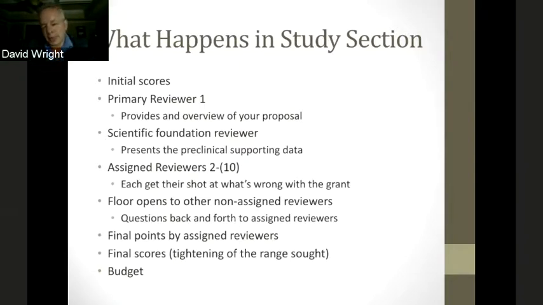Usually then, at least in clinical trials, there's a secondary, a scientific foundation reviewer, if you are going towards a phase 2 or phase 3 trial. The scientific foundation reviewer gives the strength of the evidence from preclinical work to move forward.